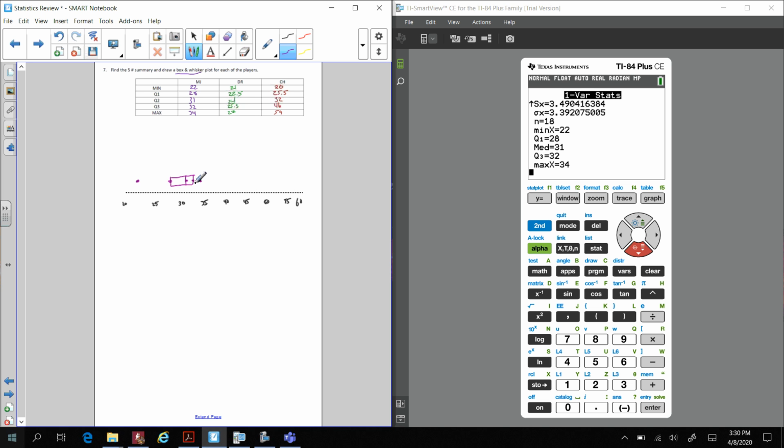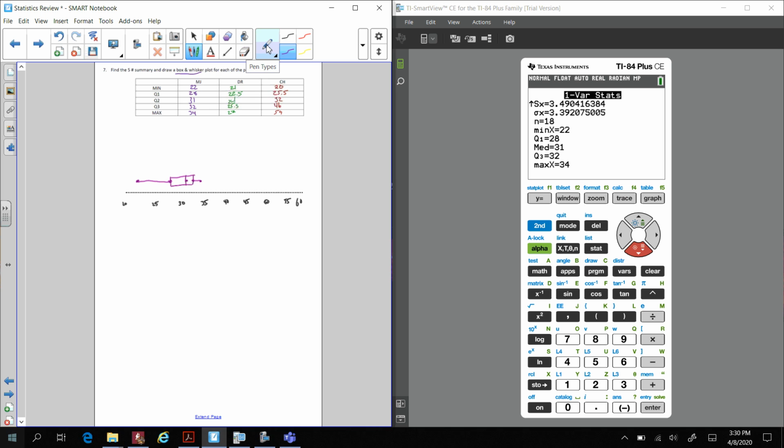I'm going to connect the box to the min and max with a line. So if you look at Michael Jordan's scoring right here, you can tell that most of his points were in between that 28 to 32 inside of that IQR, right? Most of his points were there towards the right-hand side, but he did have a couple games where he did not do so well.